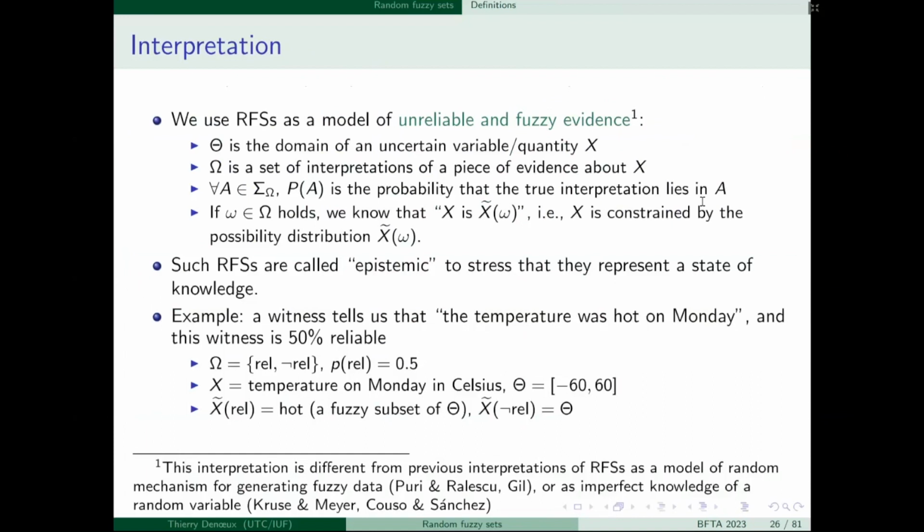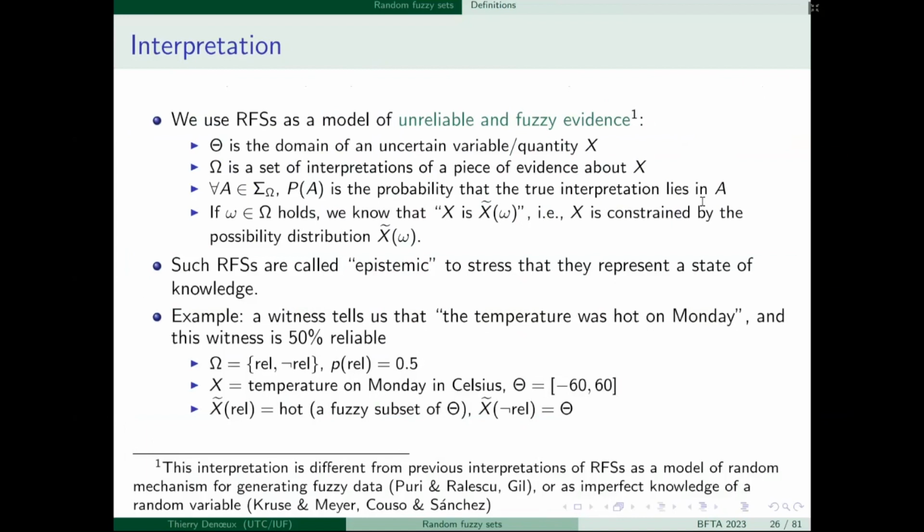So we can use this random fuzzy set model as a model of unreliable and fuzzy evidence. So we have an example here. Assume that a witness tells us that the temperature was hot on Monday, but the witness is 50% reliable. So omega has two elements: either the witness was reliable or not, and the probability that the witness is reliable is 0.5.